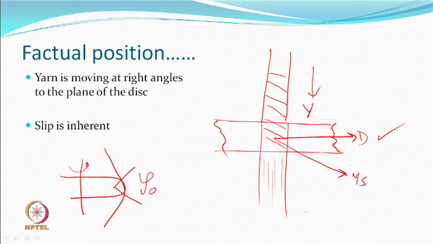And so, at any given point where there is let us say a point contact, the actual surface of the yarn which is being twisted is moving in a direction where the direction of the frictional force may be there. So, when the force is being applied, a resultant force is being applied at an angle which is a resultant of the vector direction velocity of the disc surface versus the yarn surface, yarn actual.